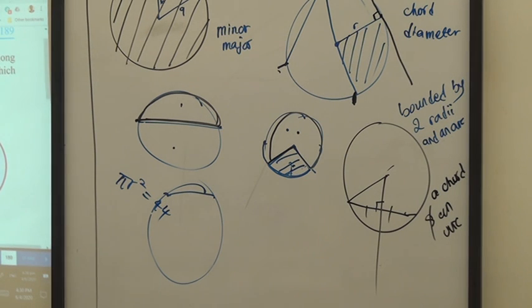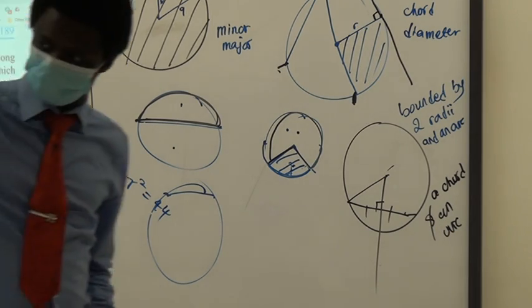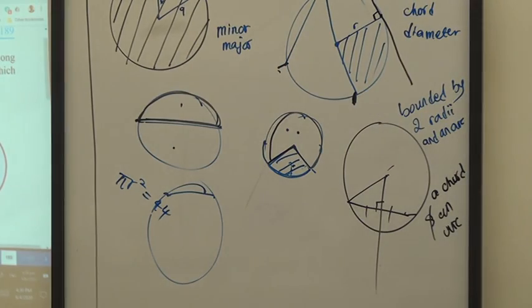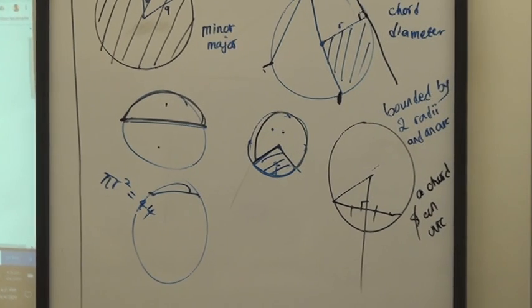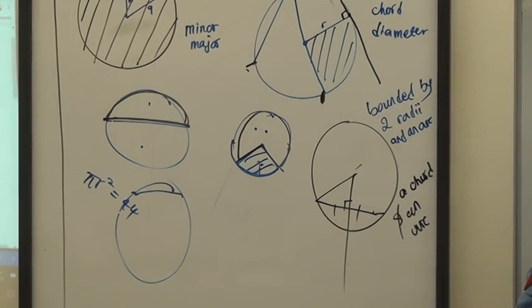Is it both? It's both. Why? Because a sector is bound by two radii and an arc, which is 180 degrees or pi. And then it's also, what was the other one? Segment. It's a chord.